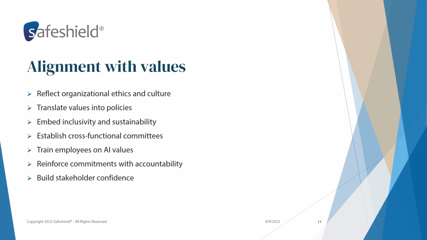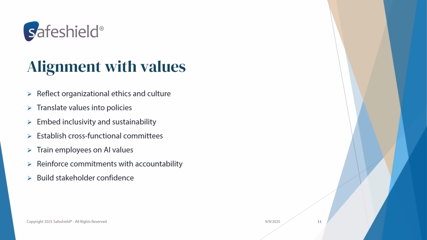AI governance is most effective when it reflects the organization's core values, vision, and culture. Strong governance ensures that AI systems contribute to strategic objectives while reflecting ethical commitments. Alignment begins by defining the organization's values. For some, that may be fairness, inclusivity, and sustainability.